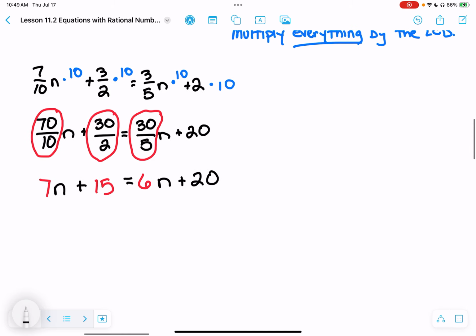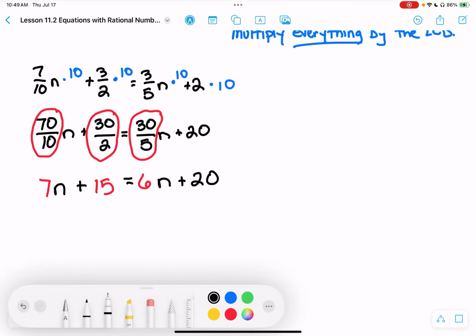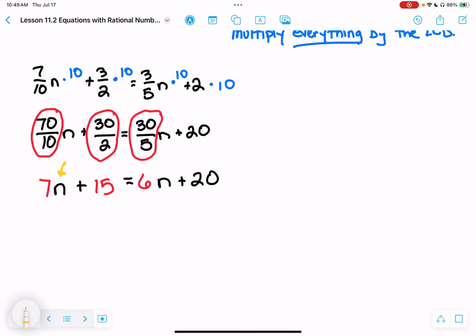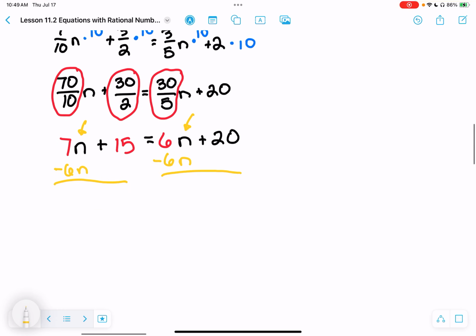In fact, not only is it all whole numbers, but our next step, of course, since we have variables on both sides, we've got an n right here and an n right here, is going to be to get the n's on one side. We could subtract 7n on both sides if we wanted to, but it's easier to subtract 6n on both sides because if we do, look what we get. Oh my goodness gracious.